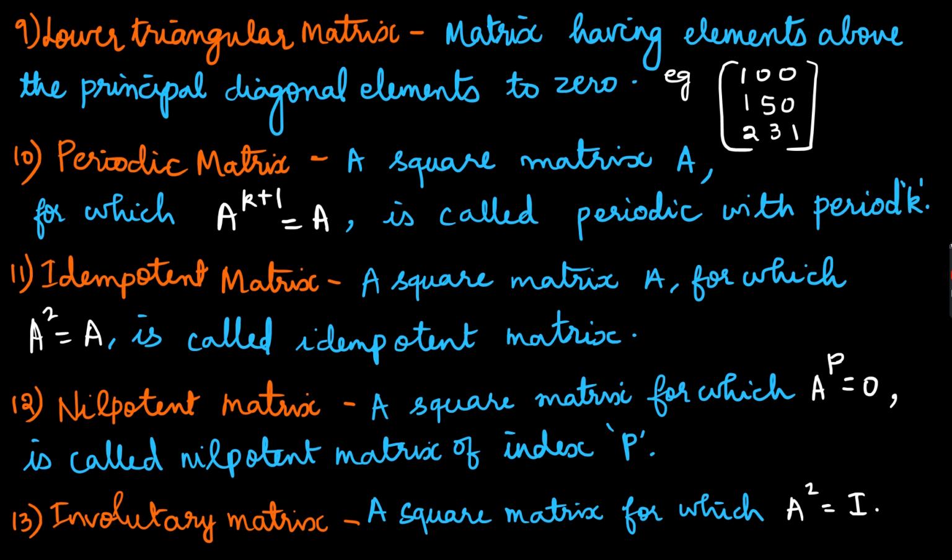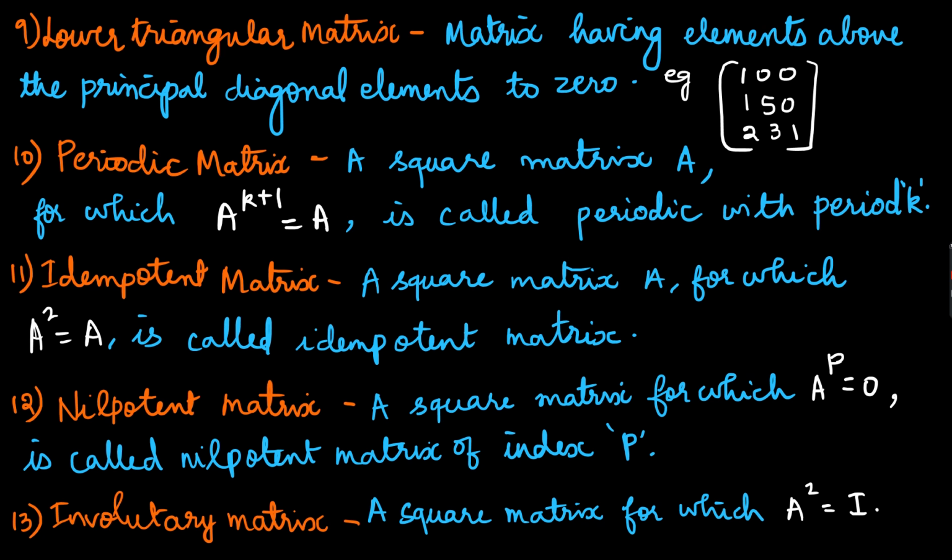Let us see these four different matrices, where the periodic matrix is the first one. It is a square matrix. Here we will be seeing all the square matrices because they are very easy to solve. That is, the number of columns will be equal to the number of rows in a square matrix. So we are going to consider square matrices.